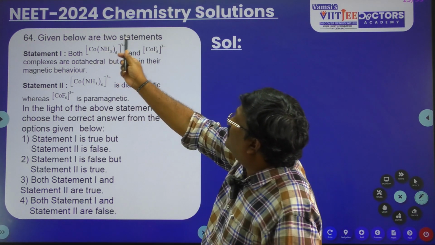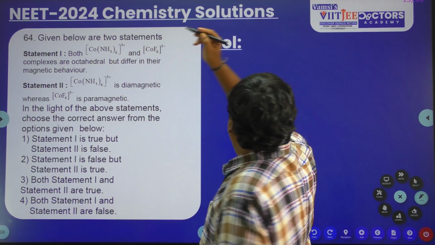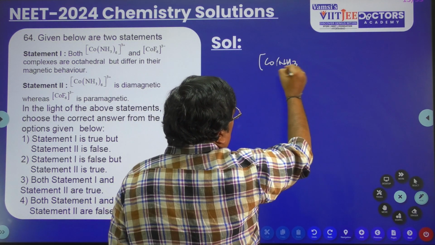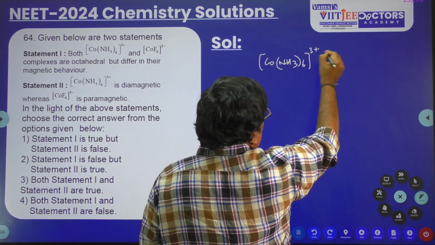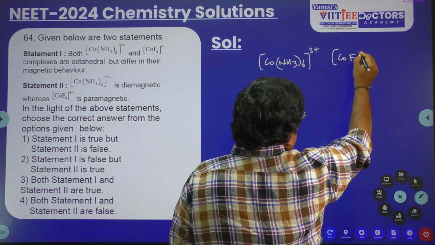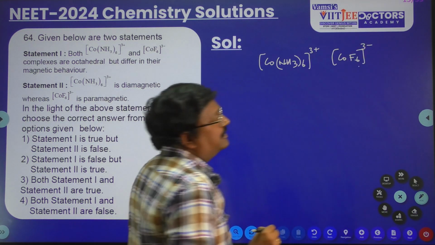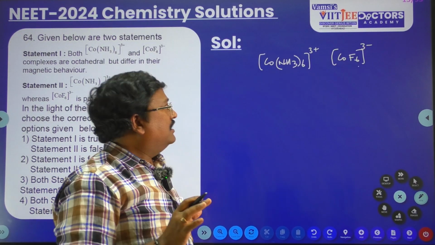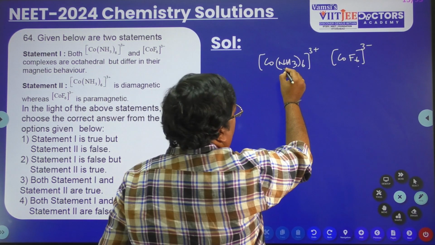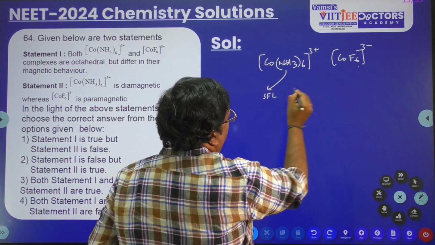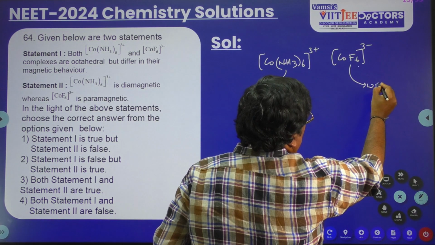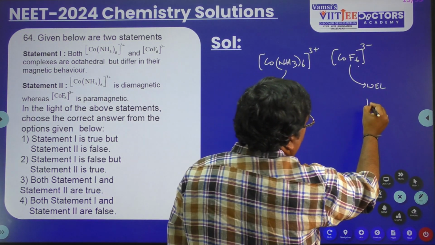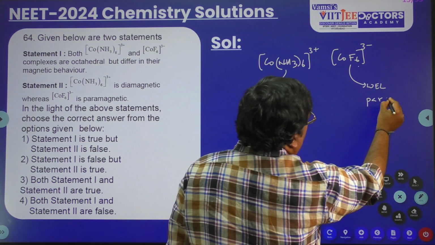Next question. Given below are two statements. Here, hexaamminecobalt(III) ion and hexafluorocobaltate(III) ion are given. Both are octahedral because the coordination number is 6. But one has a strong field ligand, so it is diamagnetic; the other has a weak field ligand, so it is paramagnetic.